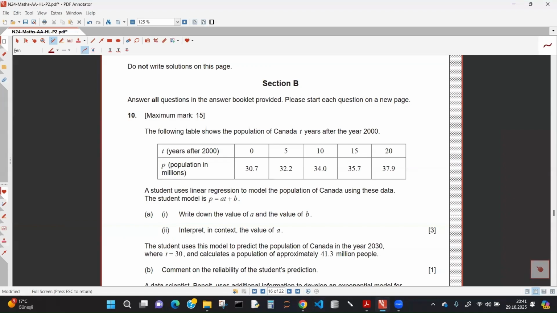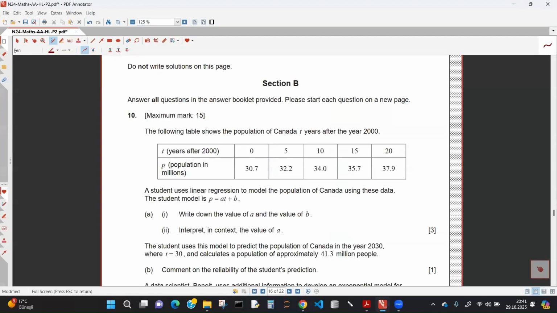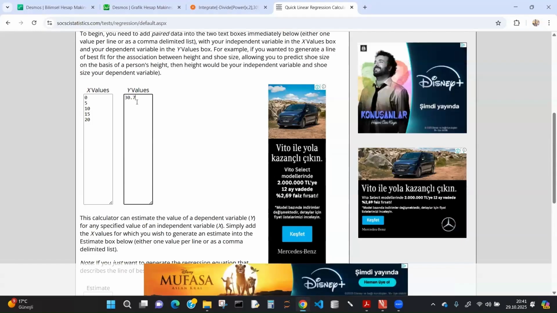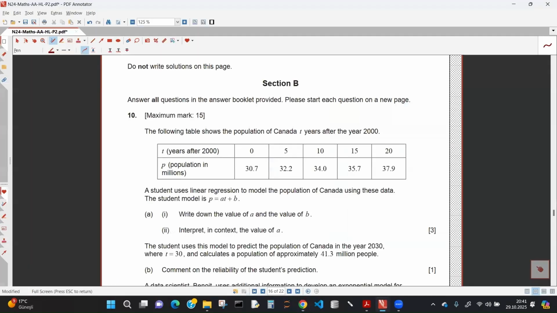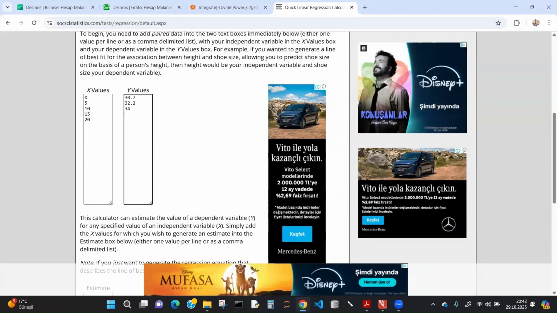And the Y values are 30.7, 32.2, 34, 35.7, 37.9.